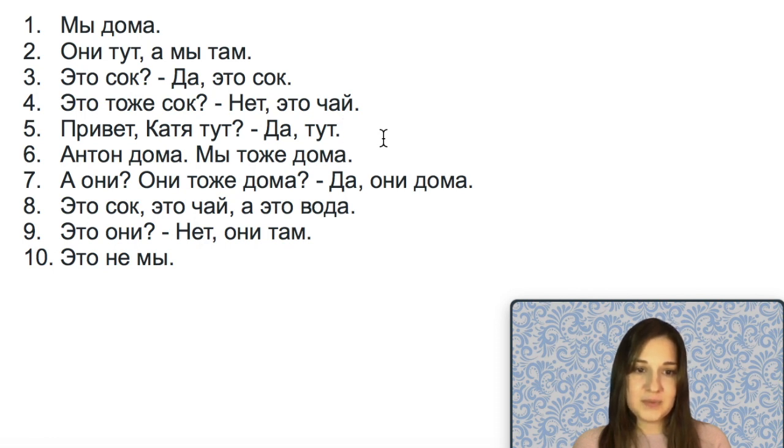Да, тут. Антон дома. Мы тоже дома. А они? Они тоже дома? Да, они дома. Это сок, это чай, а это вода. Это они? Нет, они там. Это не мы.